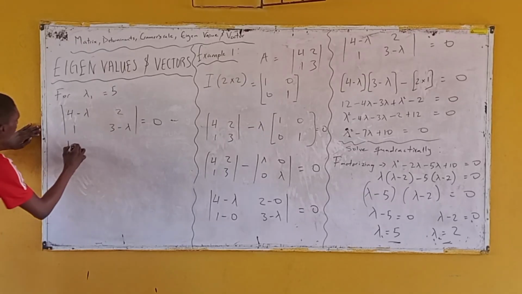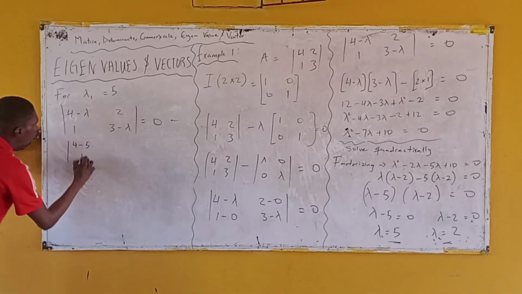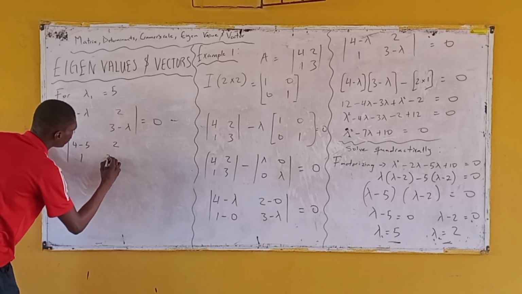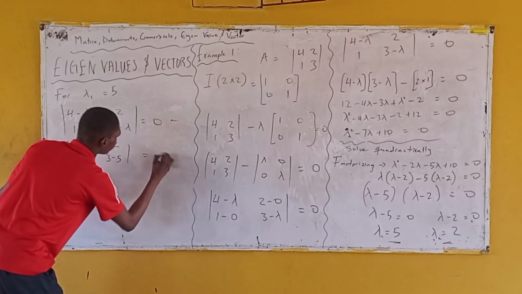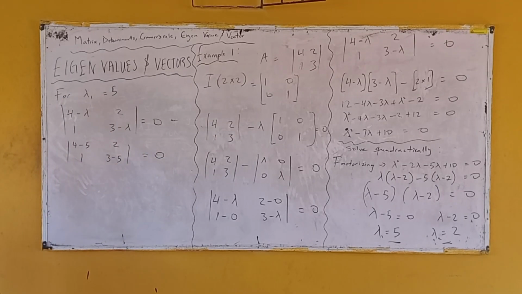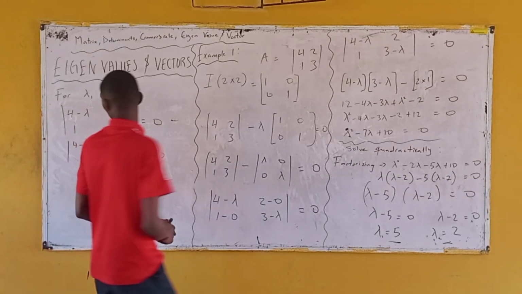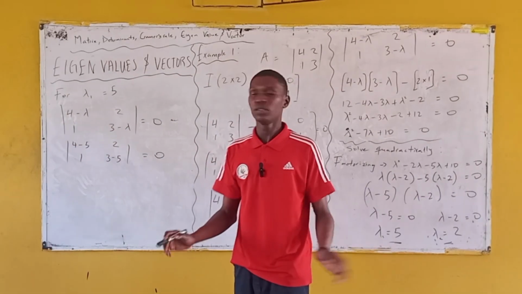Therefore we can say that 4 minus 5, 1, 2, 3 minus 5 is equal to 0. Alright? Are we together? Yes.